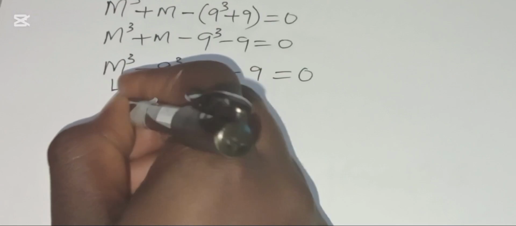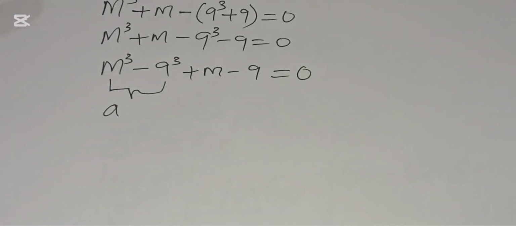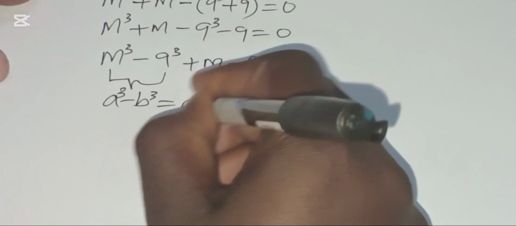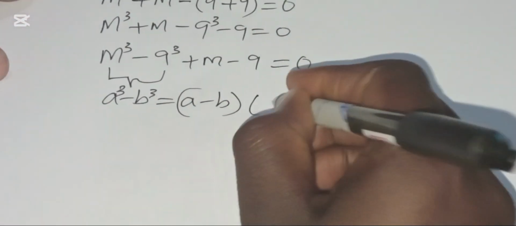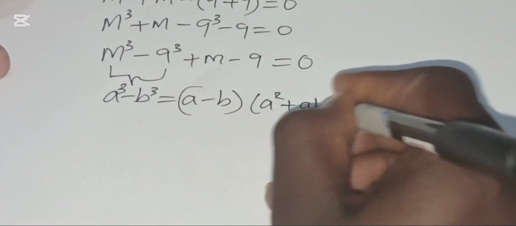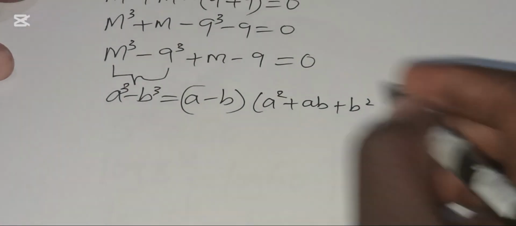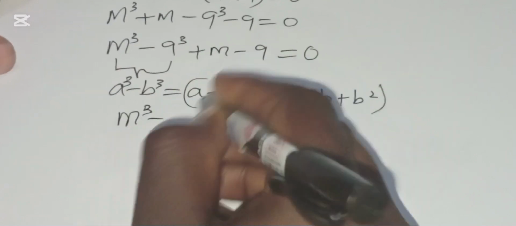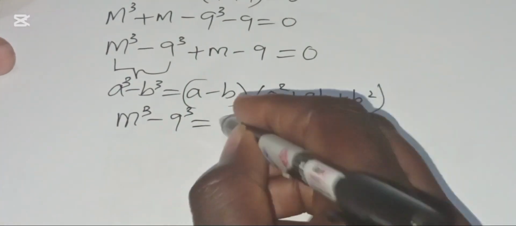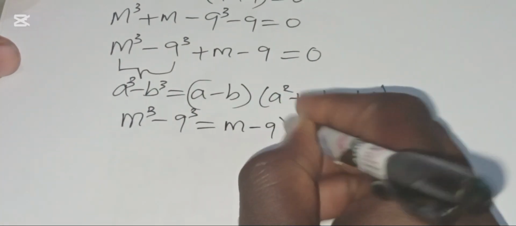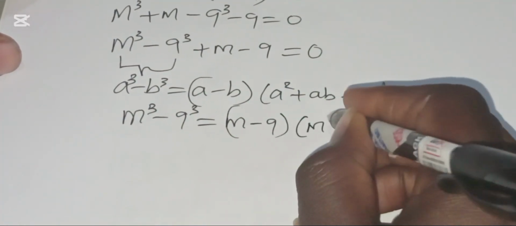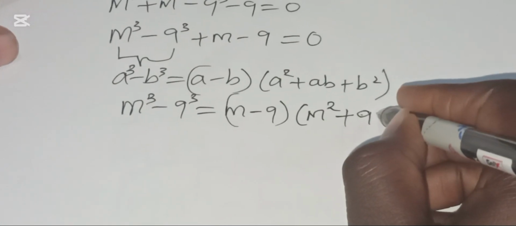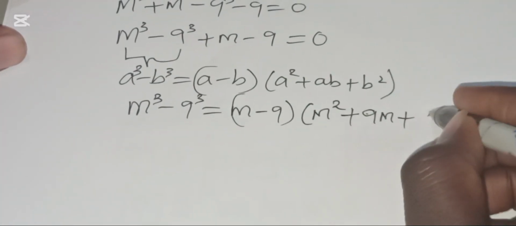The first part is the difference of two cubes, a cubed subtract b cubed, which is a minus b, a squared plus ab plus b squared. So m cubed subtract 9 cubed is m subtract 9, times m squared plus 9m plus 81.